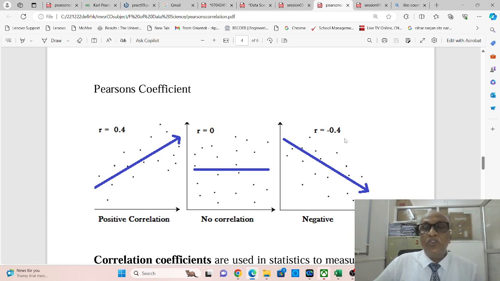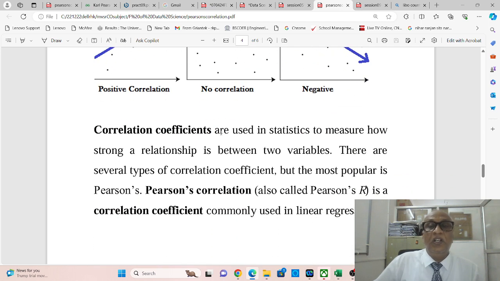On the rightmost side, the correlation coefficient R is minus 0.4, which is a negative correlation. The middle one has a zero correlation, or no correlation. Here we are referring to Pearson's correlation coefficient, one of the correlation coefficients.